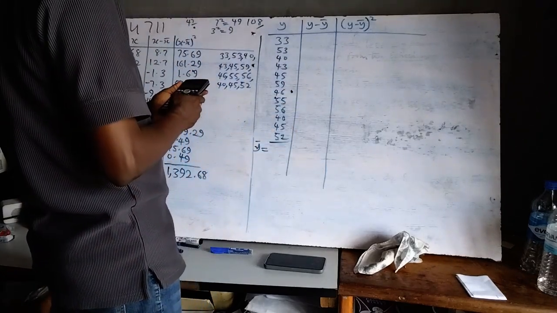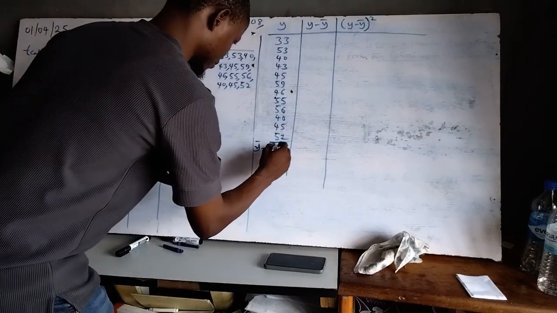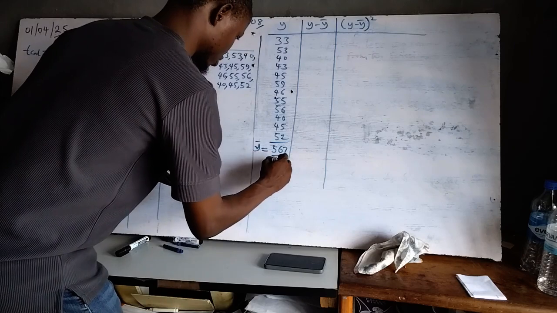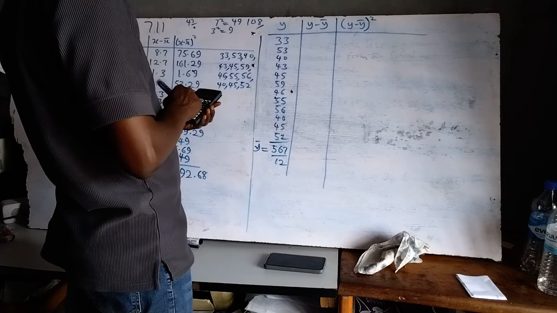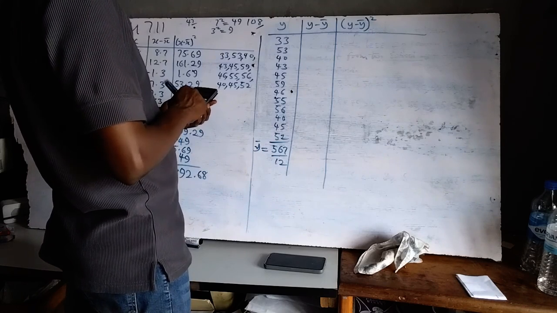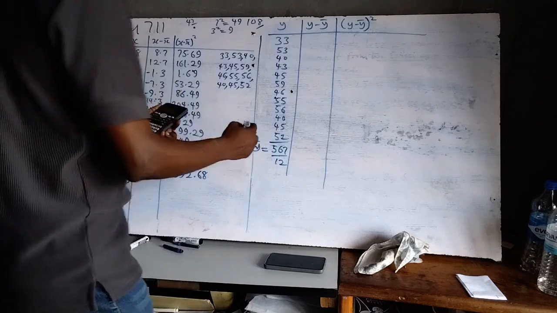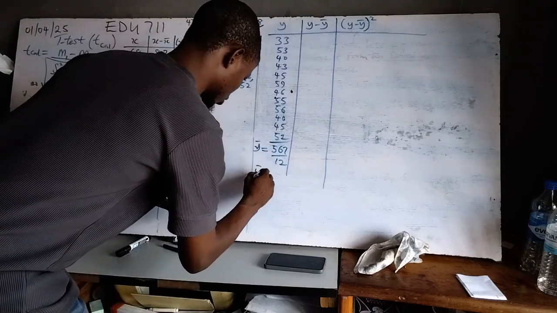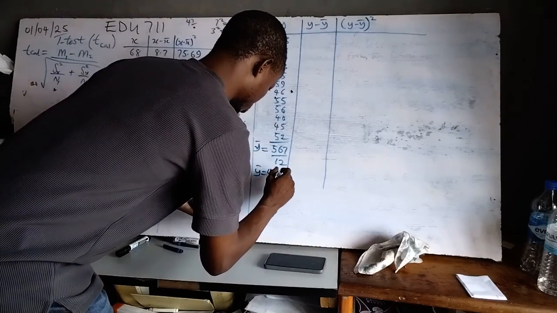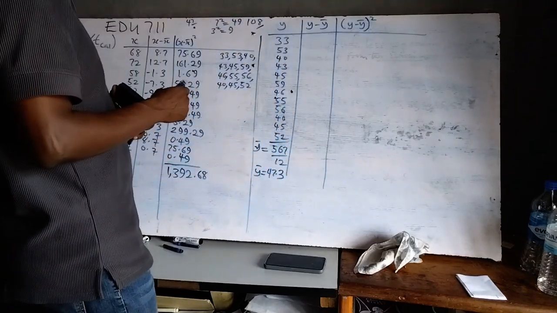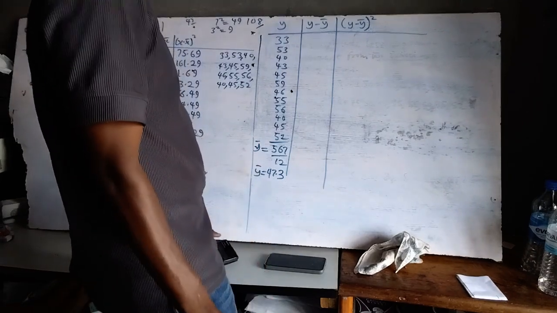The answer is 567 divided by 12, that is 47. So our y bar equals 47 point, approximately 0.3. 47.3. Yeah.